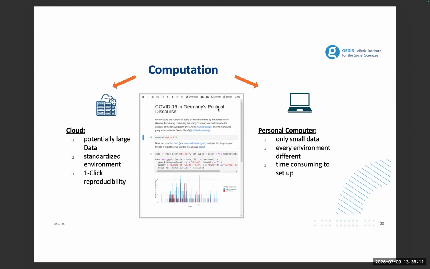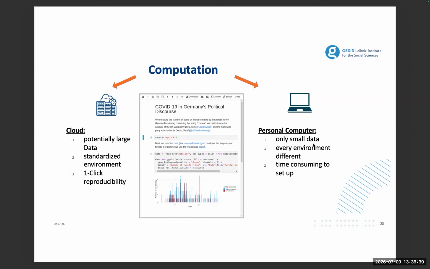And there are increasing efforts to put that into the cloud, and to make it really easy to have potentially large data sets, a standardized environment, and to work with actions that are all known to us in the cloud, namely just clicking on a link. What about clicking on a link and then it turns out to be reproducible? That really contrasts with our typical setup on the personal computer, small data.